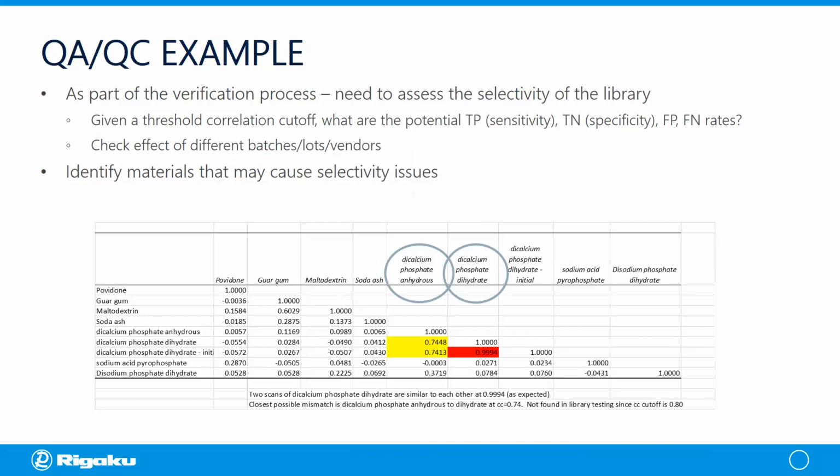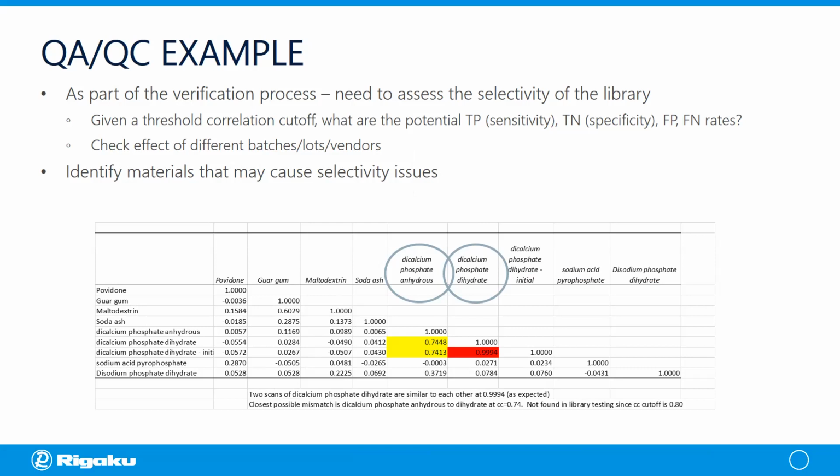Now, in this case, this should be sufficient to separate out these samples, as the closest challenge material to the anhydrous dicalcium phosphate, which we're looking for, is the dicalcium phosphate dihydrate, and the correlation for these two is about 0.75. So setting a threshold cutoff of 0.8 is sufficient to separate out these materials. So if the incorrect material is passed and analyzed as what you want, it should fail.